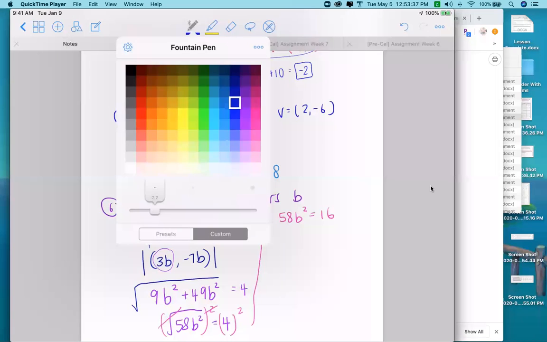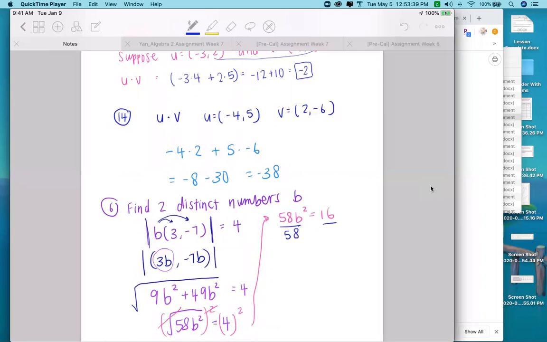Divide both sides by 58. So I have b squared equals 16 over 58. Okay, last step. Would the answer be 4 square root 58 or 58? Positive and negative of it, because we have to find two answers, right?